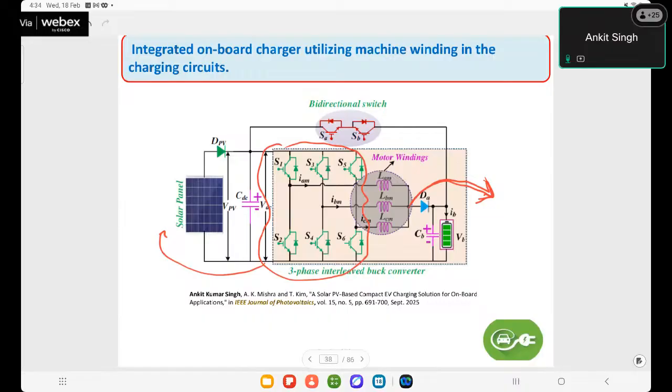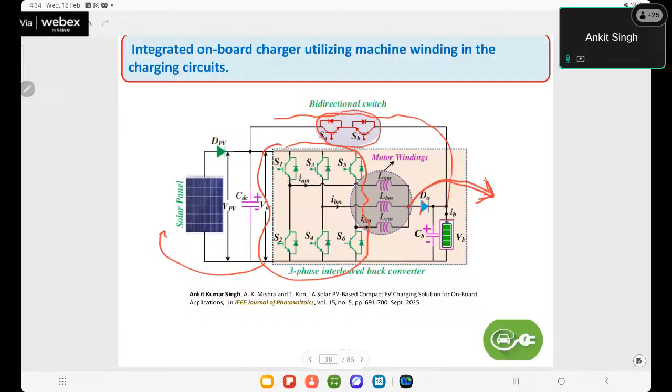Because I'm connecting a diode between the neutral point and the battery. We can see here the battery is connected at a DC link during the propulsion operation through this bidirectional switch, so that there should not be any connection between battery and neutral point.